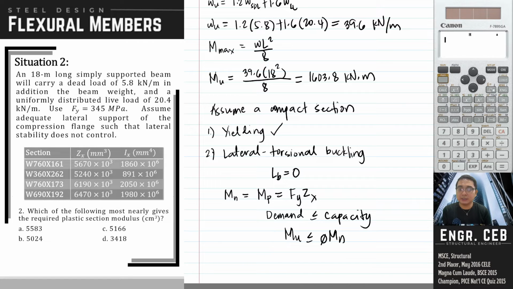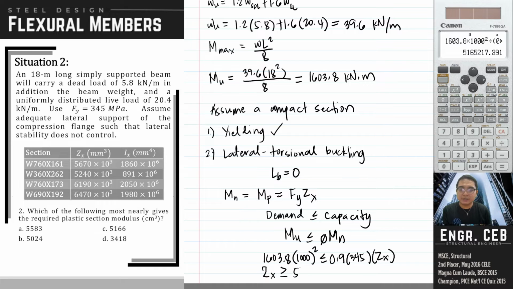We substitute Mu is 1603.8. We just need to convert this to Newton millimeter, so we multiply this by 1000 squared or by 10 to the 6. And then our phi Mn is 0.9 times Mn, which is Fy, 345, times Zx. So we can now compute for the required plastic section modulus.